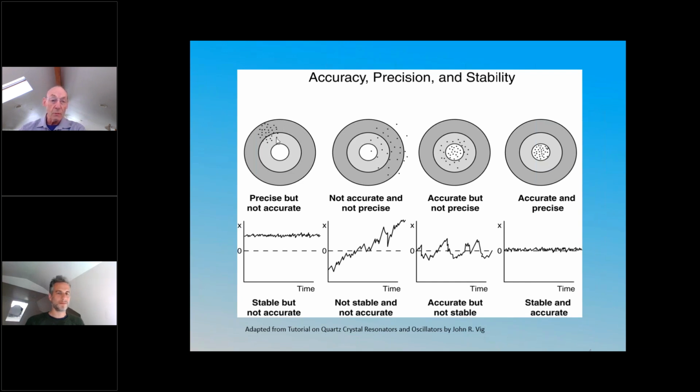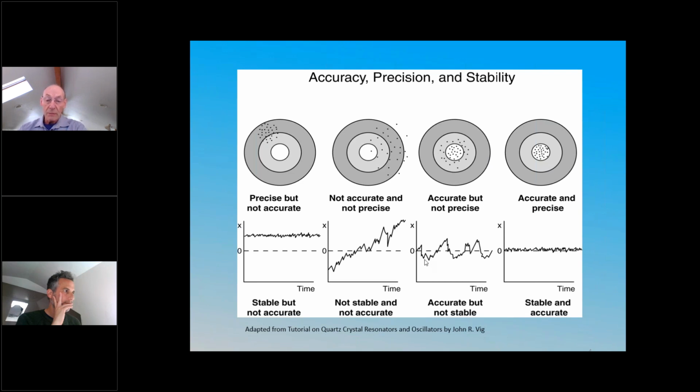If all the bullets are in one area, you can be neither accurate nor precise if they're spread all over the place and the center is not the center of the target. You can be accurate but not precise if you've got bullet holes all over the target, but they're centered at the center of the target.